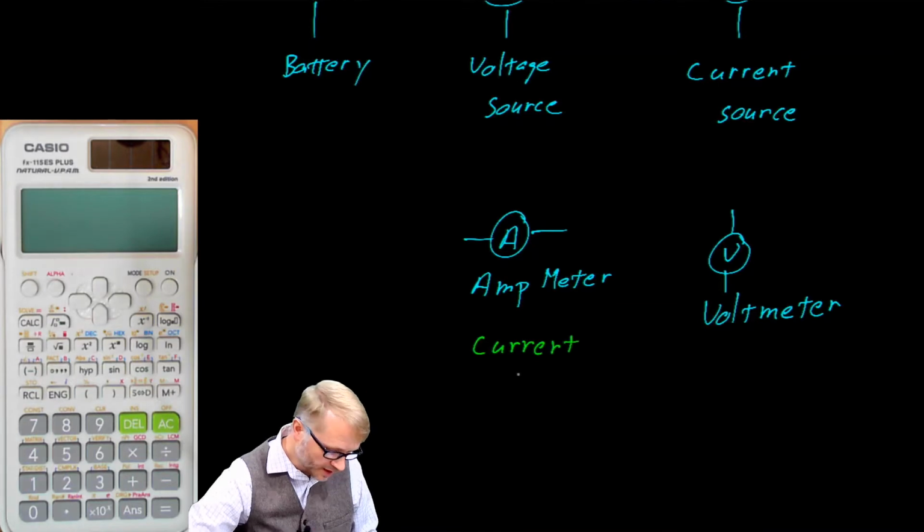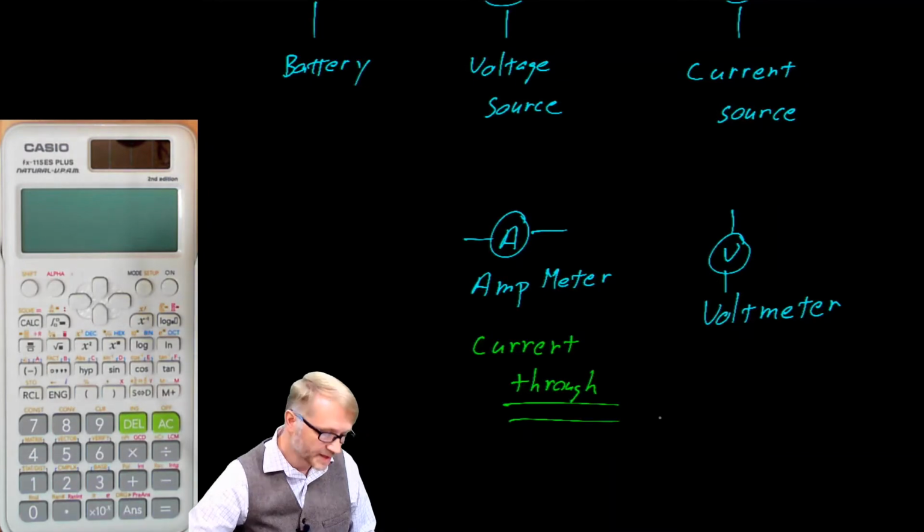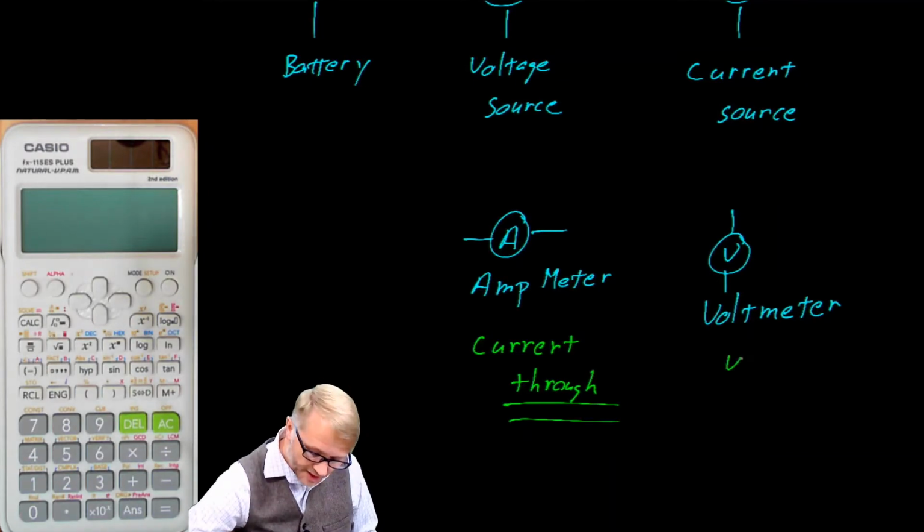So current through, whereas the voltmeter, it's voltage across.